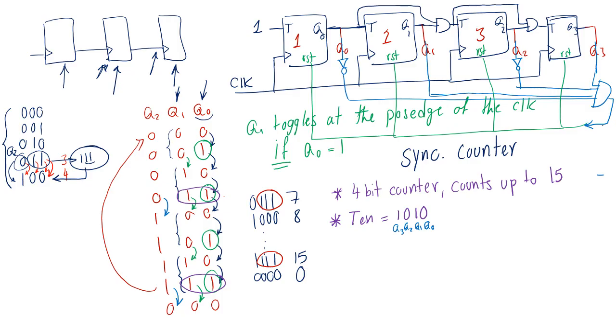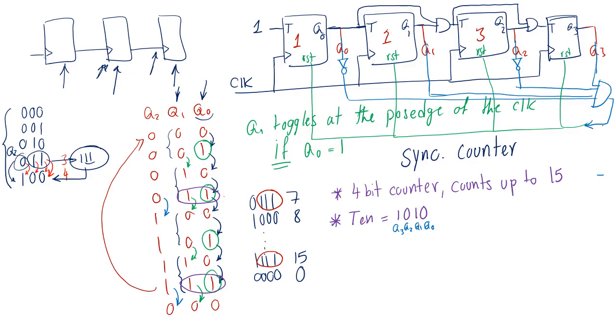Now you might actually think, well, when does set become relevant? Because reset, yeah, I get it. You always want to go to 0, 0, 0, but how about 1, 1, 1? Well, it's not really hard if you think about it. You can actually design a down counter. You can design a counter in a way that it goes all the way from 1, 1, 1, 1 to 1, 1, 1, 0, and then 1, 1, 0, 1, and then you can imagine beyond that.